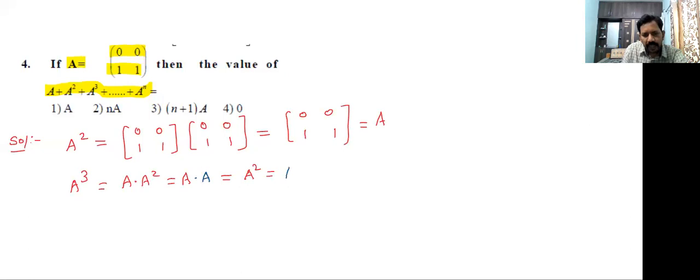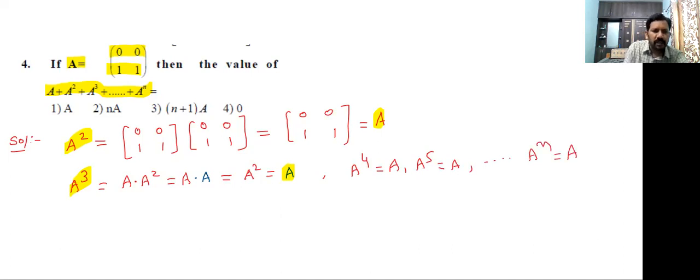A. Finally, A square value we got A, A cube value also A only. Similarly, we get A power 4 also A, A power 5 also A, and so on. A power n also, we get A only.